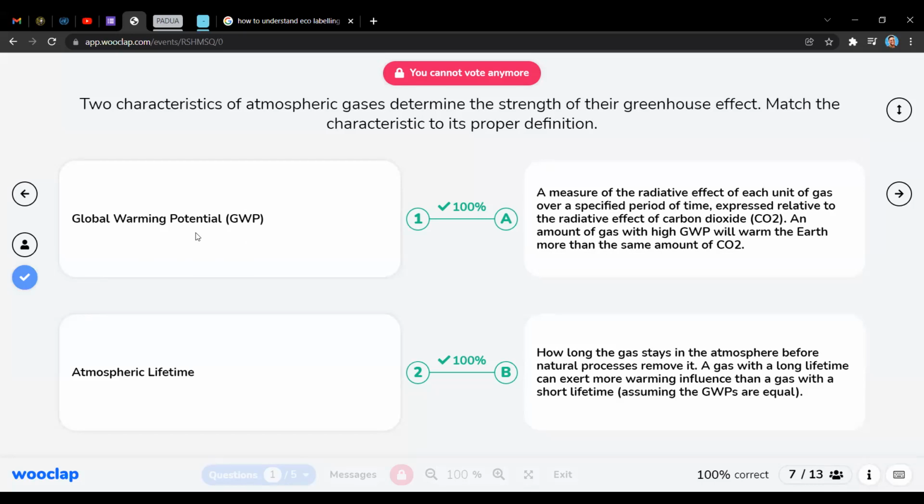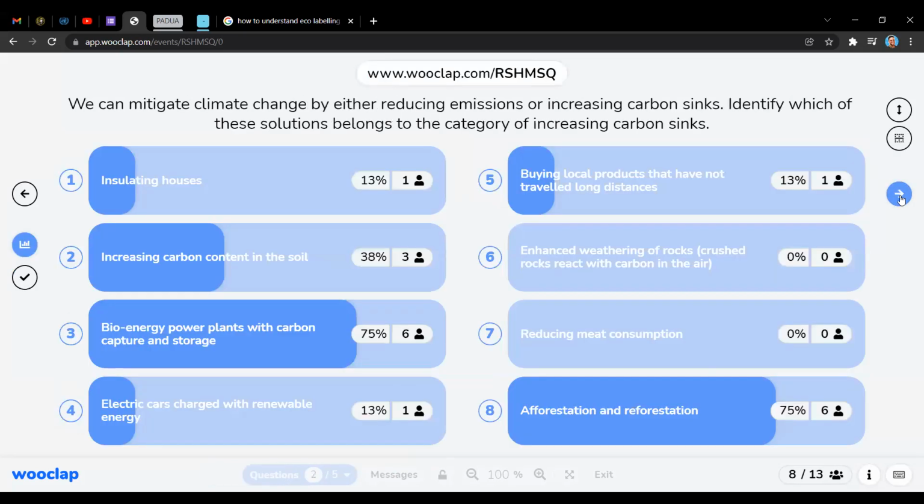But it is sort of good because it doesn't stay that long in the atmosphere before it disintegrates. That is opposite for carbon dioxide. Carbon dioxide stays a much longer time in the atmosphere, but its warming potential is not as big as methane. So these are two characteristics that scientists who study the climate use to categorize the types of greenhouse effects. This is just general knowledge that I thought was interesting for you to know.